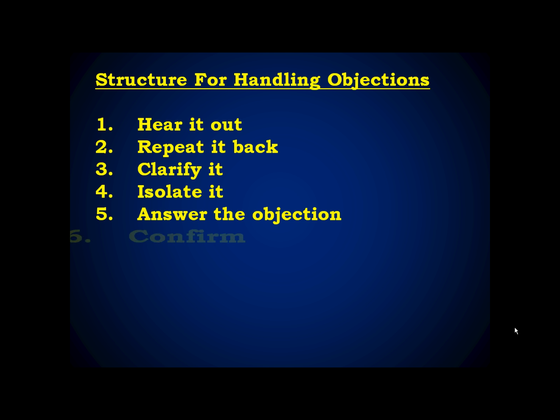You confirm if that objection has been satisfactorily answered. So you give your response, and then you can simply say, John, does that kind of allay your concerns, or does that answer your question?